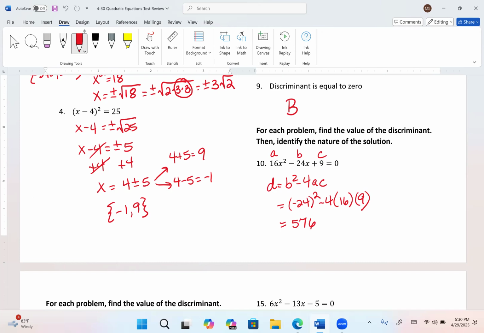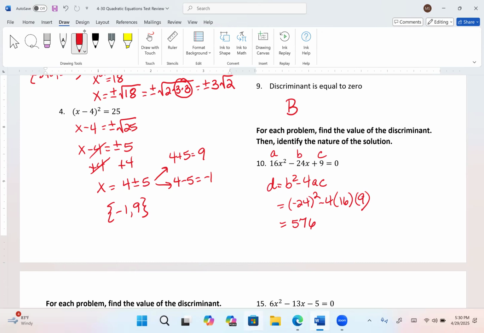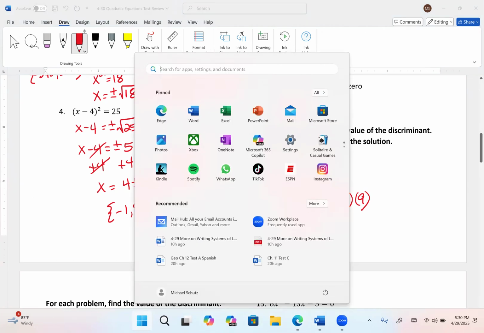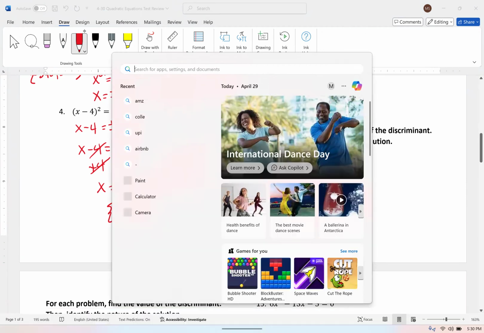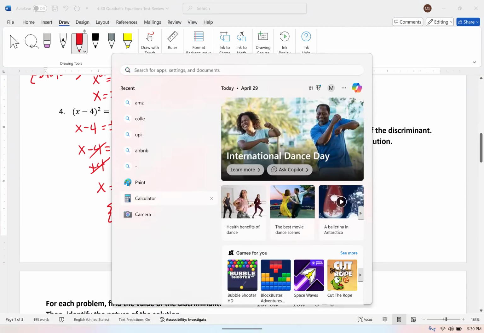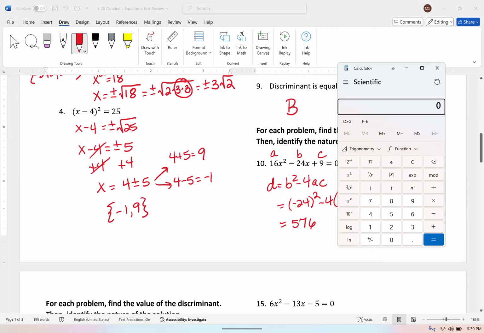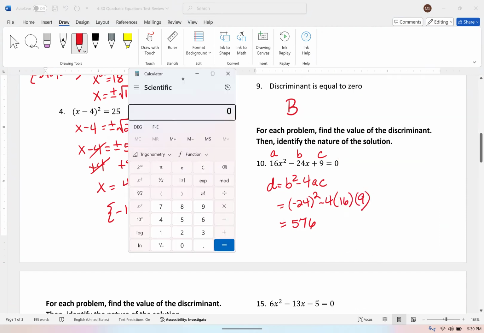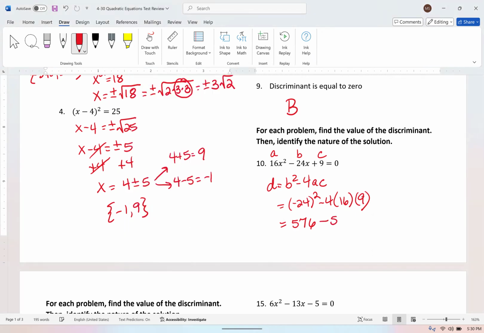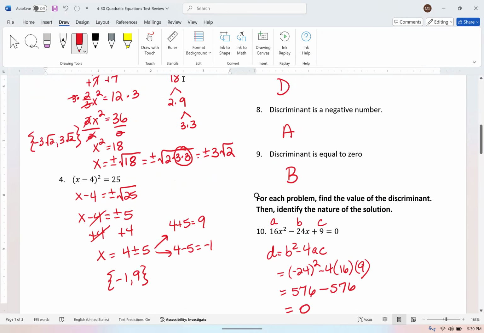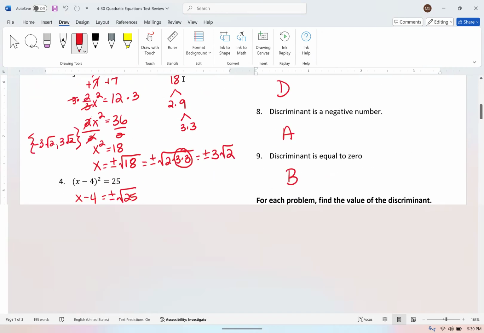I'm going to probably need my calculator here. All right, so I'm going to go 4 times 16 times 9, which is 576, but there was a minus sign there. So 576 minus 576 is 0. Remember, go back if you forget. B was the answer to when the discriminant was 0.